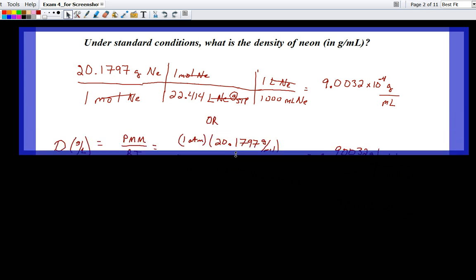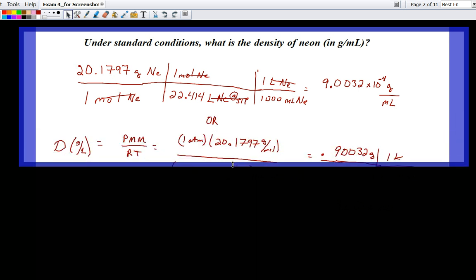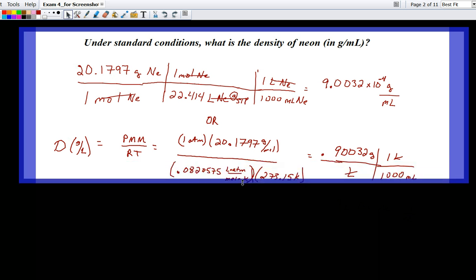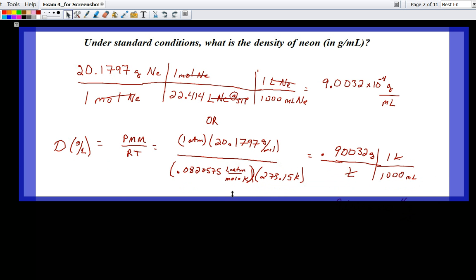Another way to do that is if you want to find the density, it comes out in grams per liter at first. You have pressure times molar mass divided by RT, and I gave you a way to remember that, which some of y'all thought was pretty funny. But you do that.